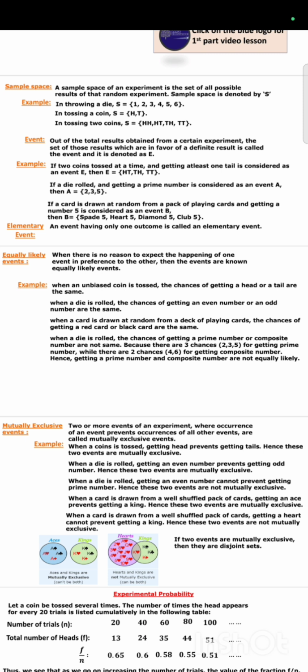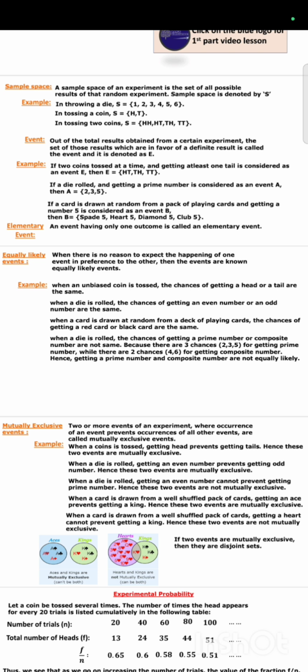The next definition is mutually exclusive events. Two or more events are mutually exclusive if the occurrence of each event prevents every other event. If E1, E2, E3, up to En, suppose n events, are mutually exclusive events, then if we apply intersection between E1, E2, E3, E4 up to En, we are going to get the null set.